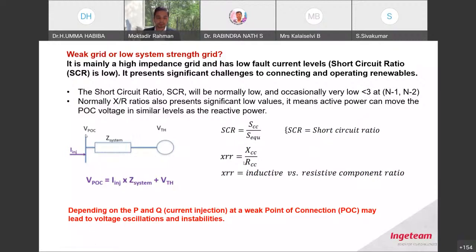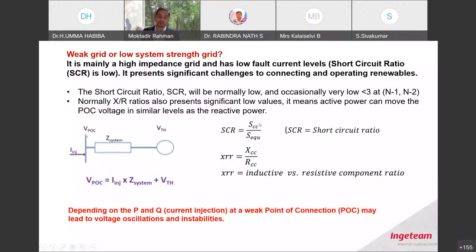That means the voltage will drop and move a lot if you inject current from your solar plant, PV plant or wind plant. So how do we define whether this is a weak grid or a strong grid? There is a parameter called the short circuit ratio. It is the short circuit power at the point of connection divided by the plant MVA.